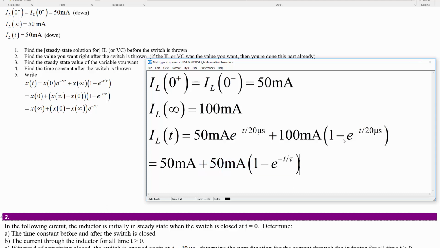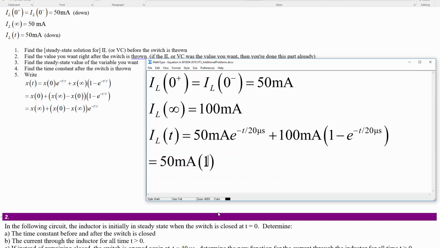So you could get that from this part too by adding the two things. And you see that we end up with 50 milliamp times 2 plus e to the negative t over tau. And by that I mean minus. Yeah. So we start off with 50 milliamps, and then we end up with 100 milliamps exponentially.